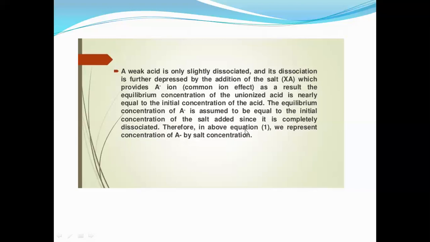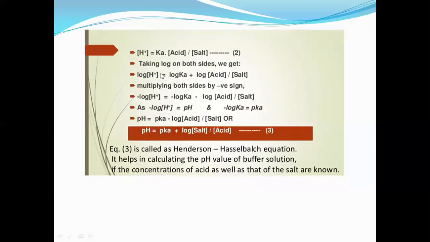Therefore, in the previous definition, we represent the concentration of A minus by the salt concentration. H plus is equal to Ka times the concentration of the acid over the concentration of the salt.